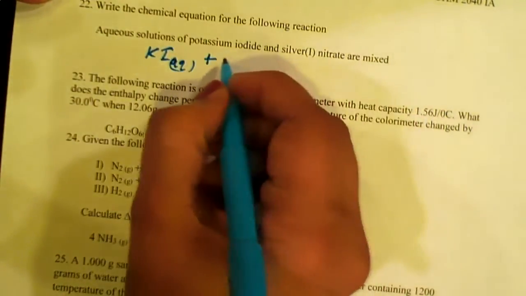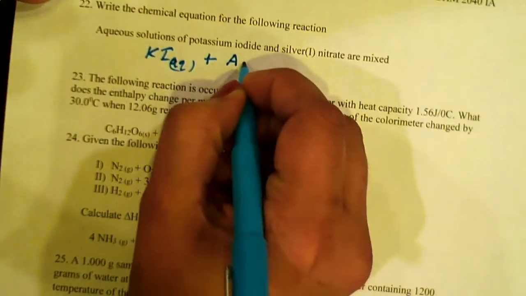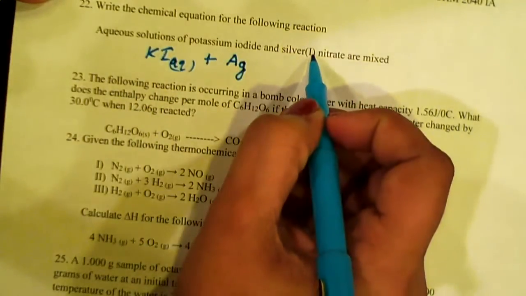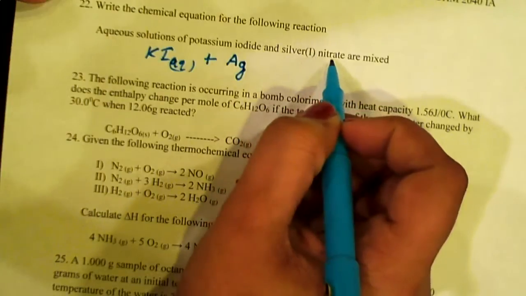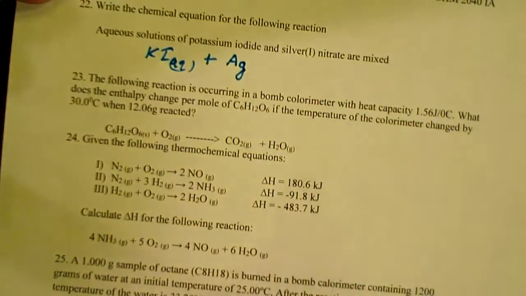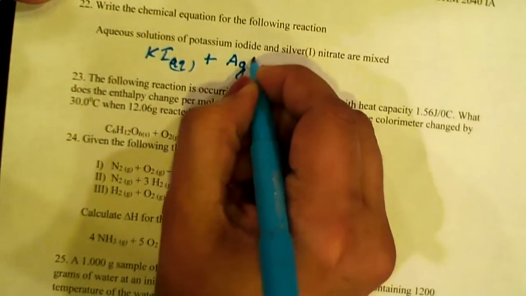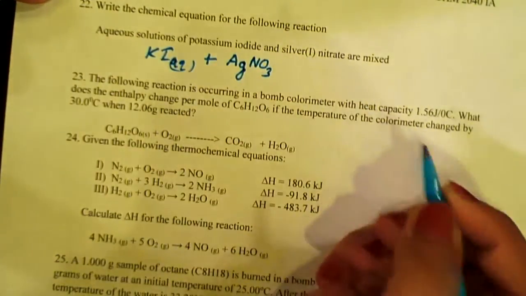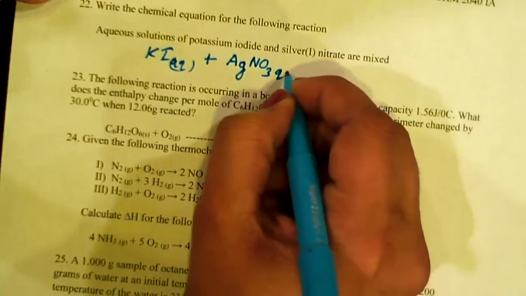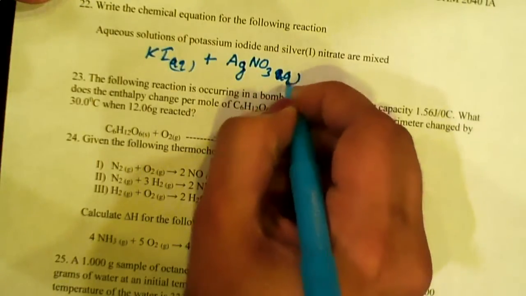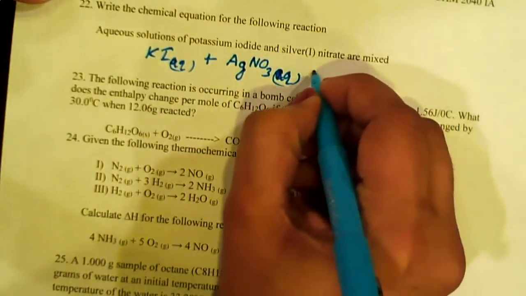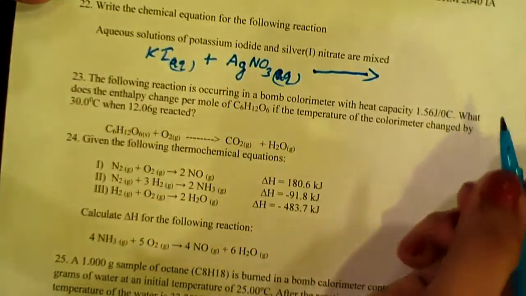So this one is a similar problem, where potassium iodide and silver 1 nitrate are mixed. So potassium K+ and iodide I- with negative 1 charge, the formula will be KI. This is a soluble compound, plus silver 1 nitrate.